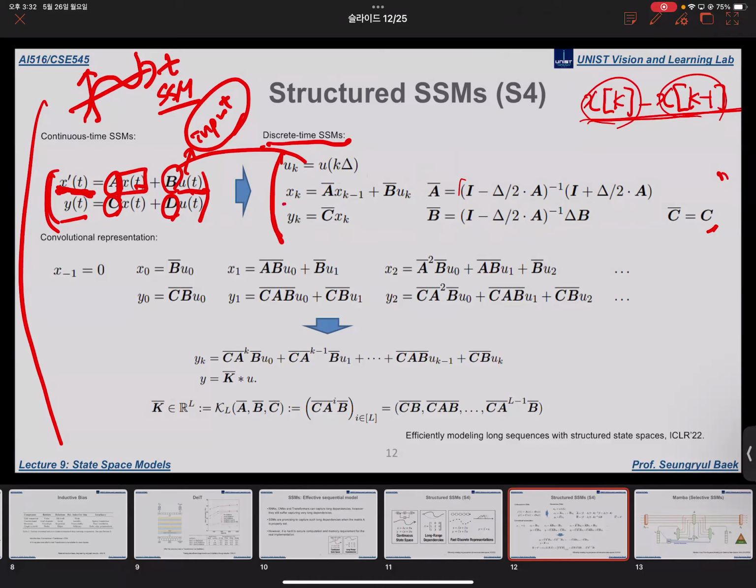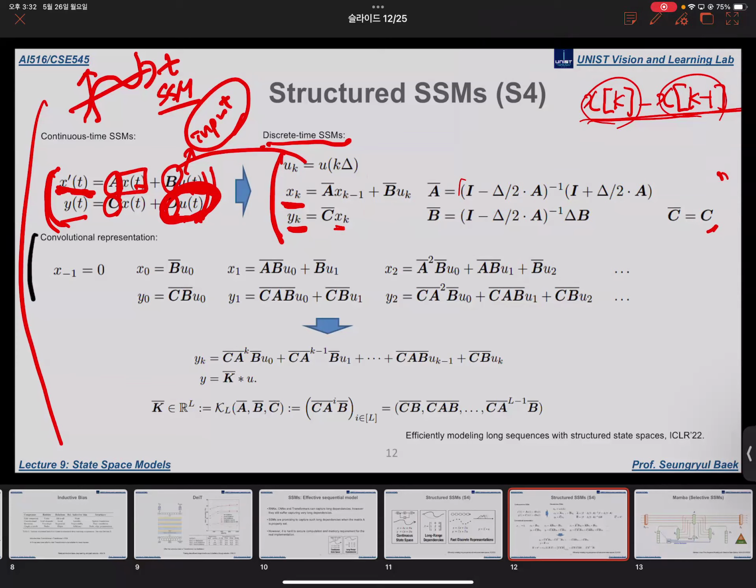So now x_k, the hidden state, becomes discretized, and also the final output becomes discretized. And they omit this D because this is actually a trivial thing when solving this kind of differential equation, and it could be trivially added to the final solution, so they omit this part.